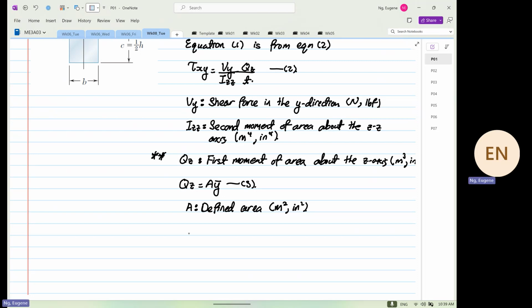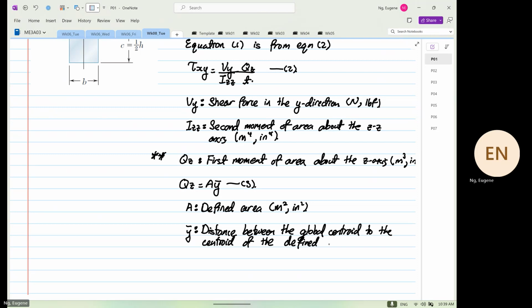And y bar is the distance between the global centroid to the centroid of the defined area.